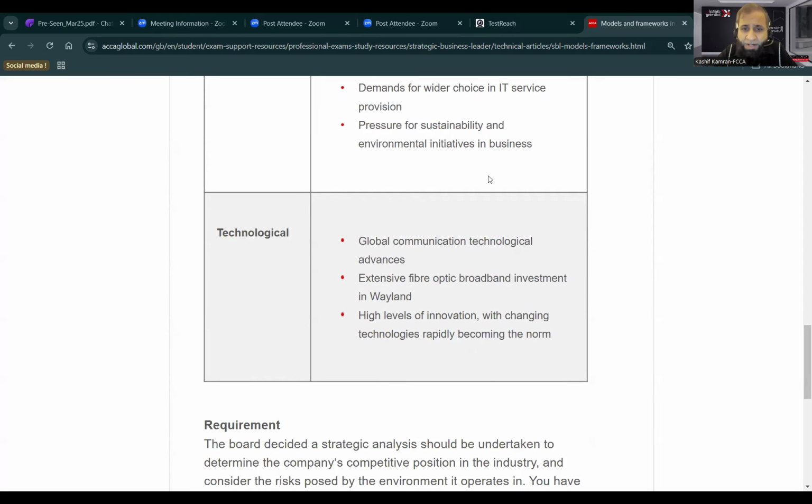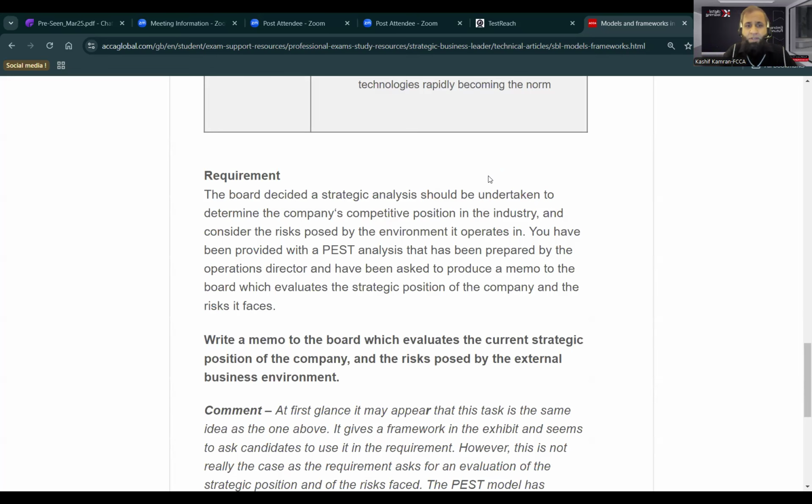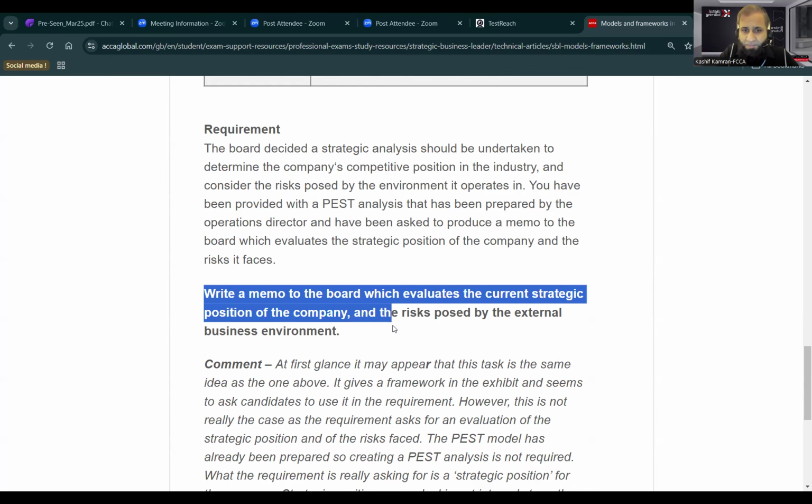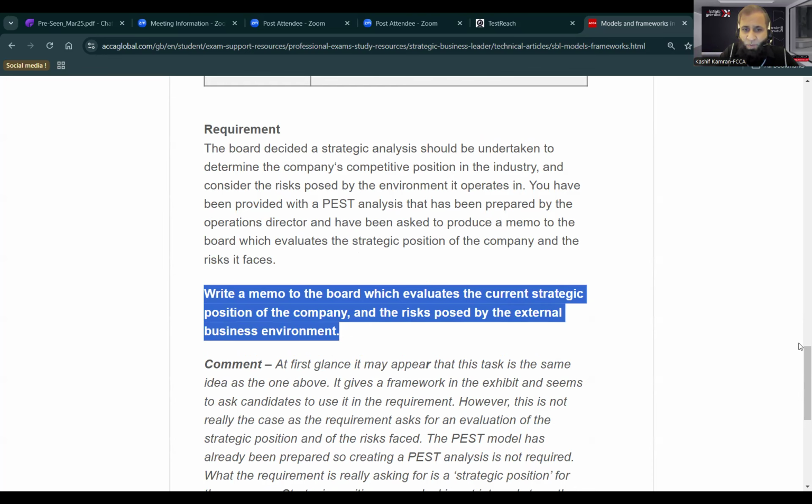You go down and you look at the requirement. Write a memo to the board which evaluates the current strategic position of the company and the risk posed by the external business environment. Who will give me the answer for this question?